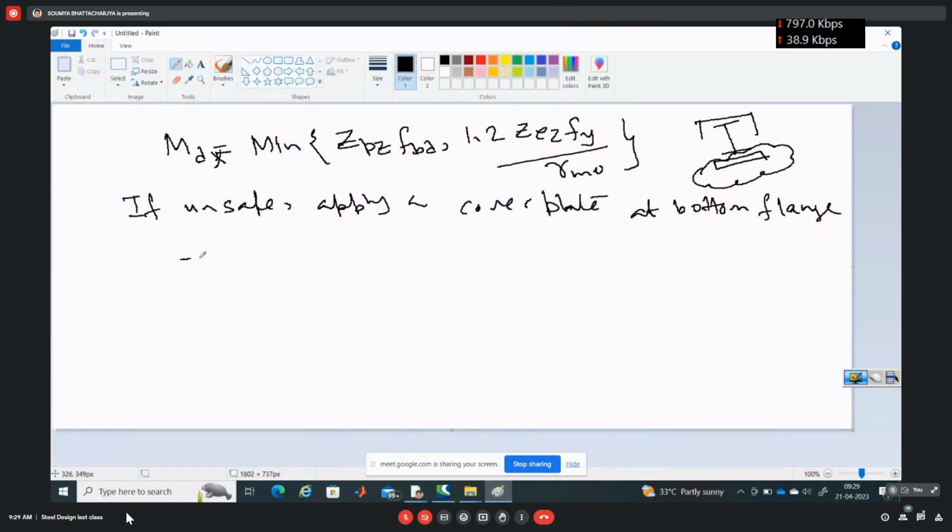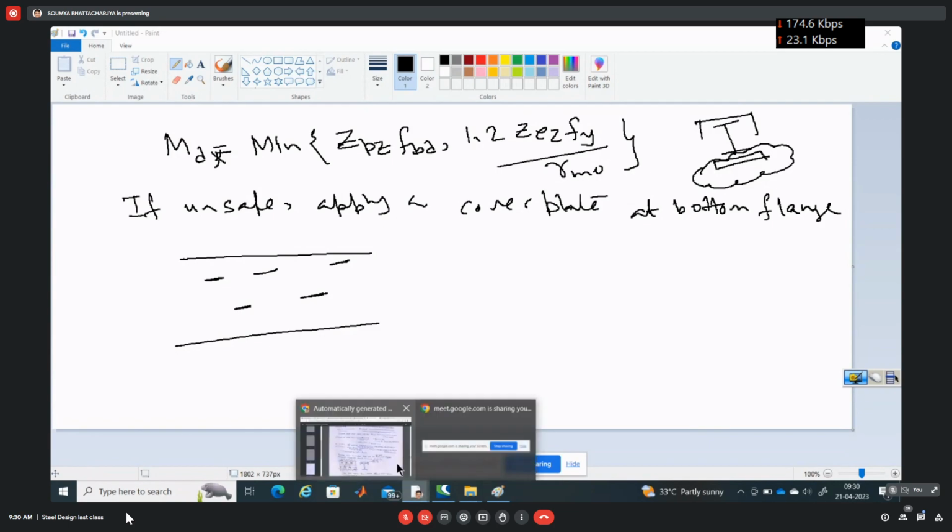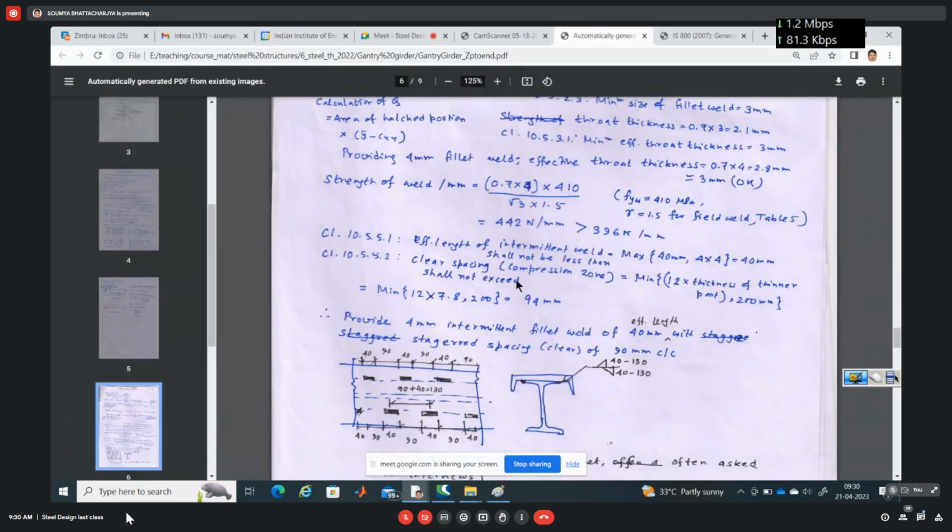Say for the intermittent weld, this is the staggered fashion. You see the clear spacing shall not exceed 90, and this is 40.